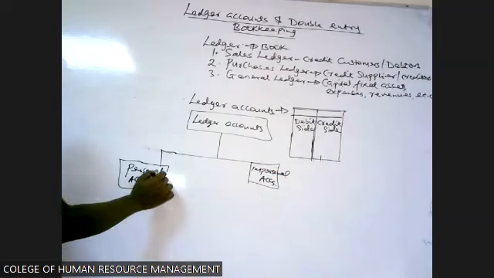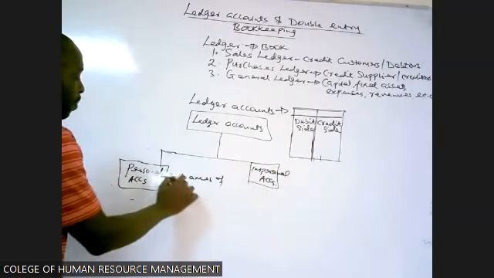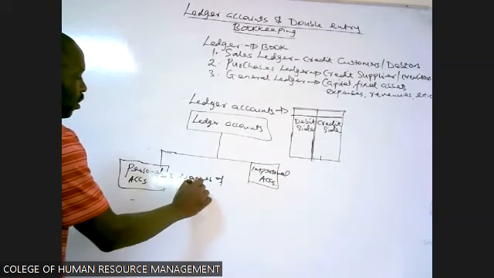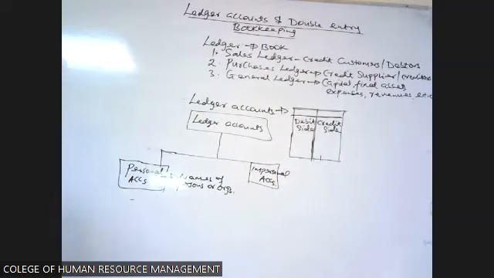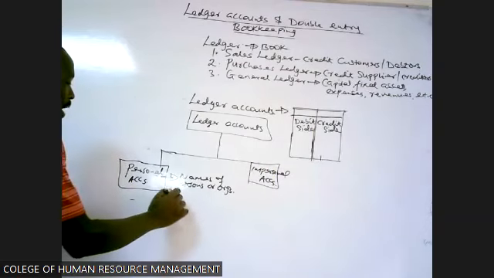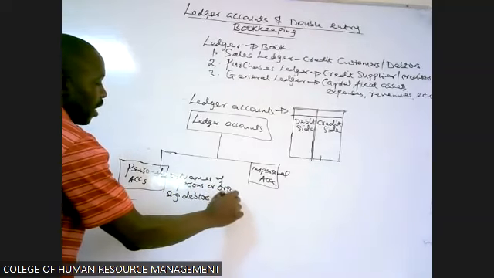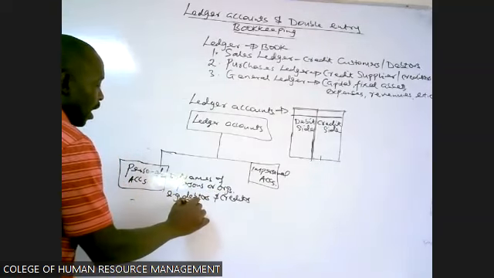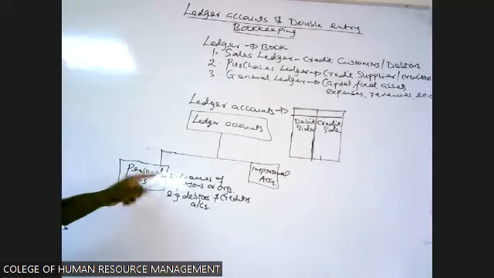Personal accounts contain the names of persons or organizations. And these personal accounts are simply the debtors and creditors accounts. The debtors and the creditors accounts are categorized as personal accounts.